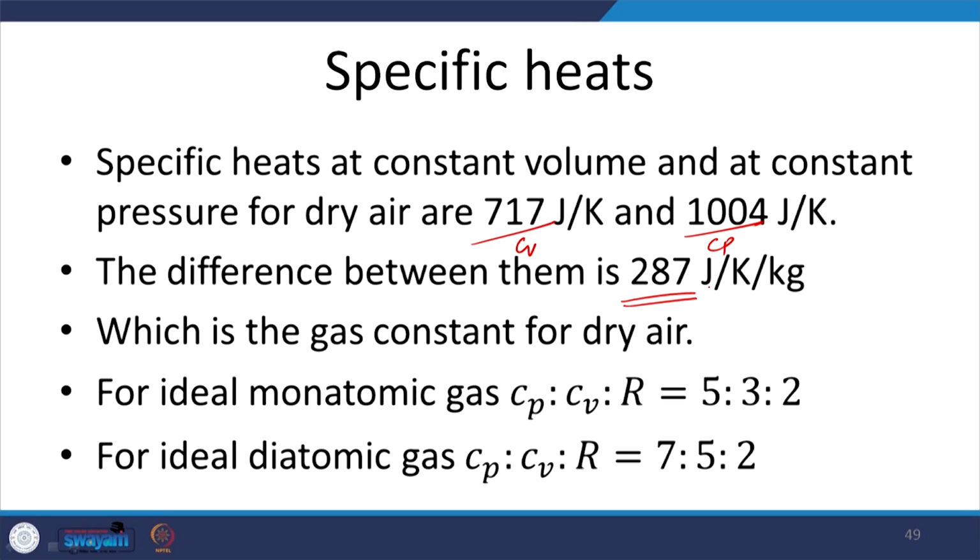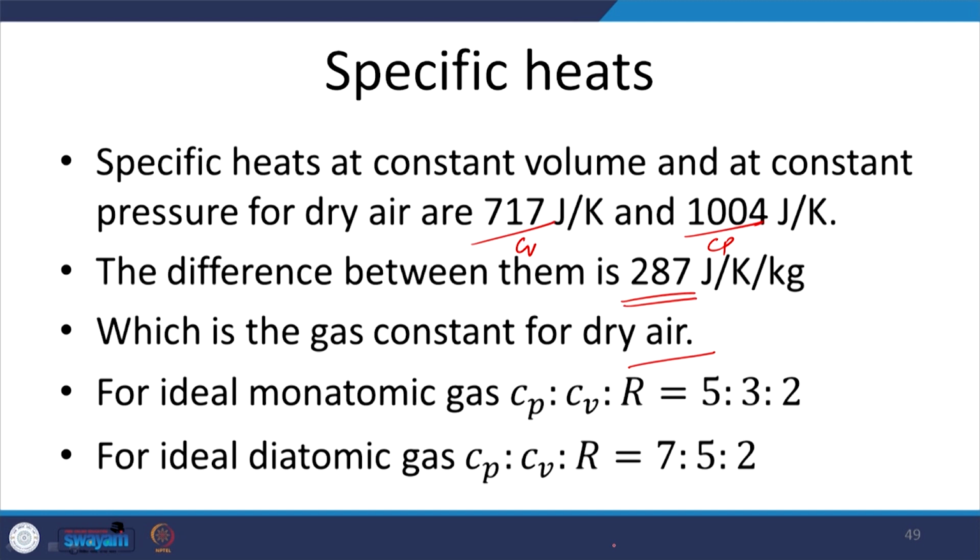That means if you want to raise the temperature of 1 kg of a substance by 1 degree Kelvin, you will have to supply 287 joules of energy, right. Which is equal to the gas constant of dry air, capital R.